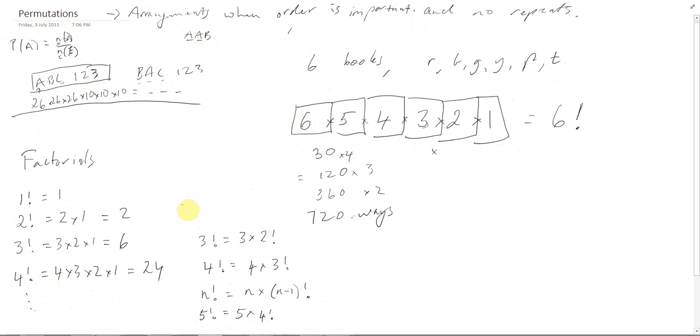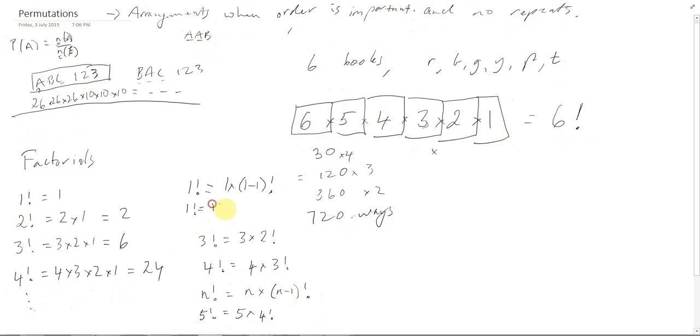This is really useful if you wanted to look at 1 factorial using this n business. So 1 factorial is 1 times, remember here n is 1, so that's 1 minus 1 factorial. Or in other words, 1 factorial we know it's 1.